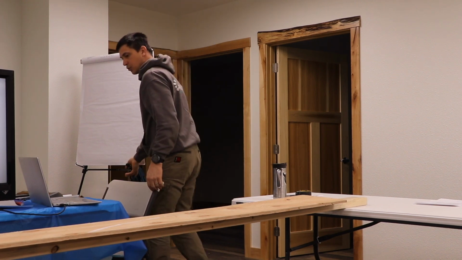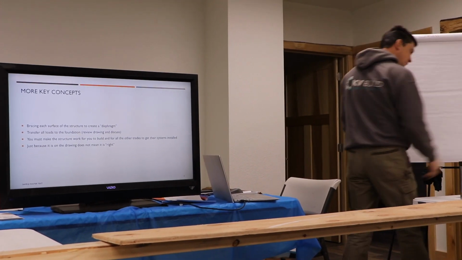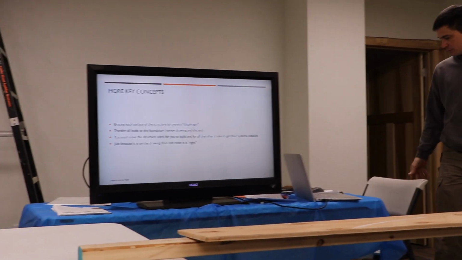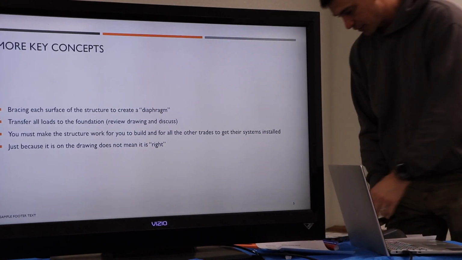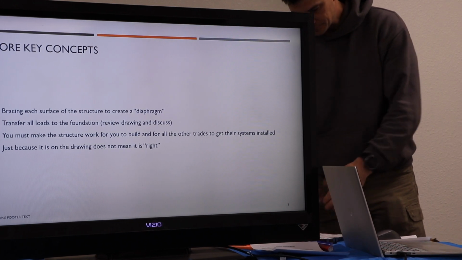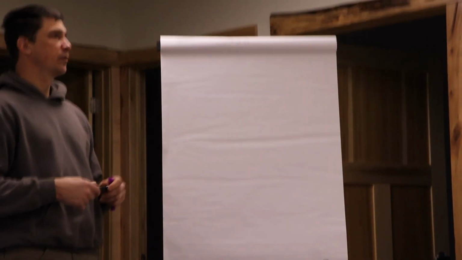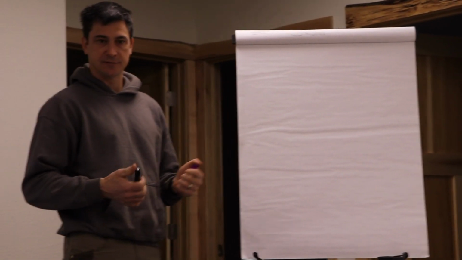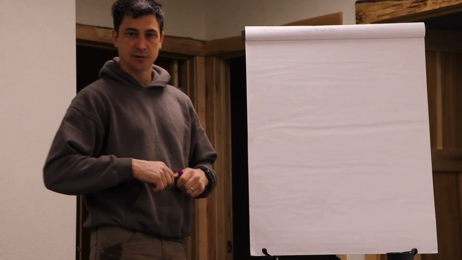So this one is important here. This first one is going to transfer when we get to trusses. So when we build a house, we have a whole bunch of different surfaces or planes to the building.